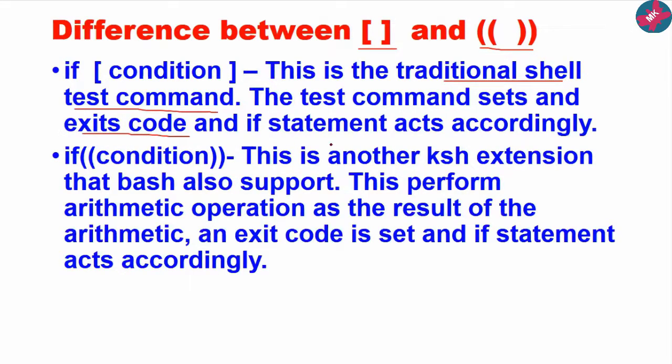This is supported by Korn shell, and bash also supports this, and this performs arithmetic operations, and finally after executing, an exit code is set and the if statement acts accordingly. It means we have to take care when we write this particular symbol and when we write that particular symbol. So this is the difference between the square bracket and the double parenthesis.